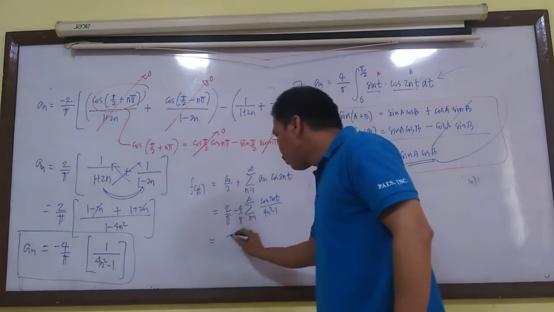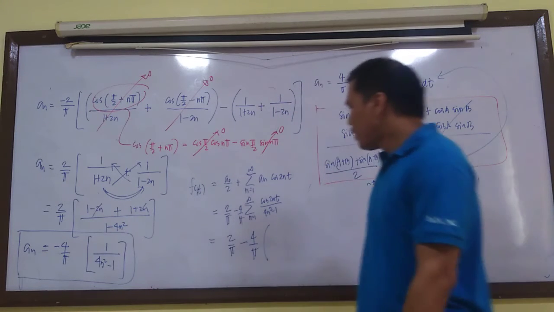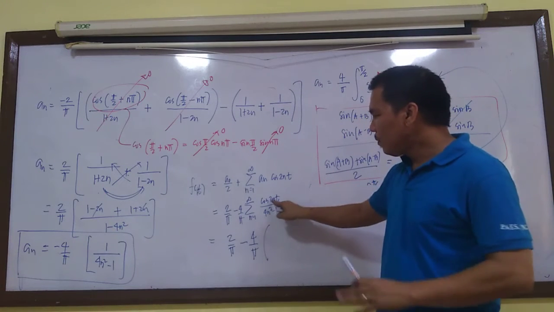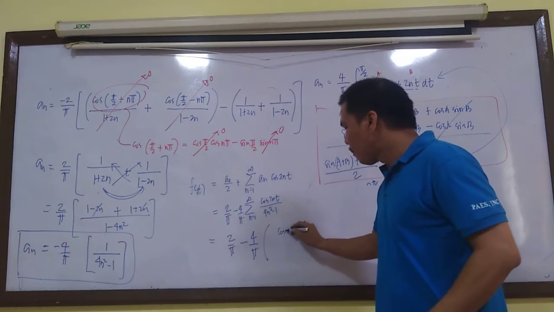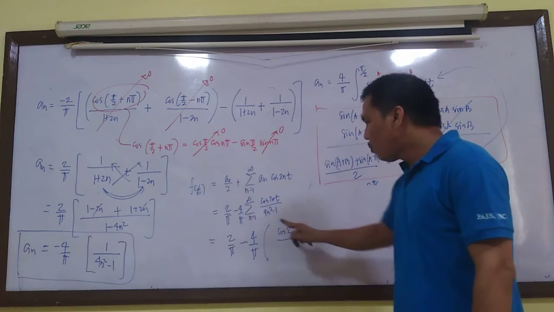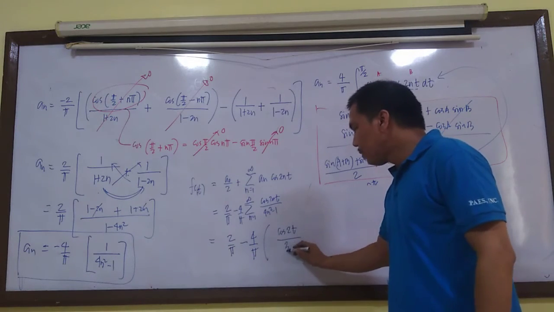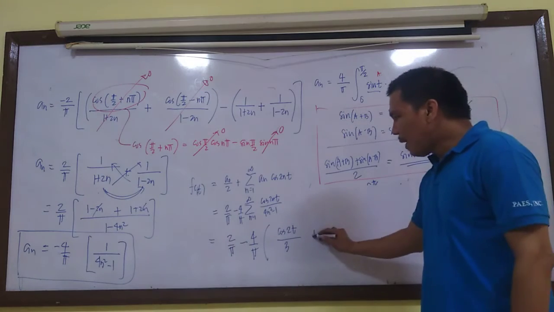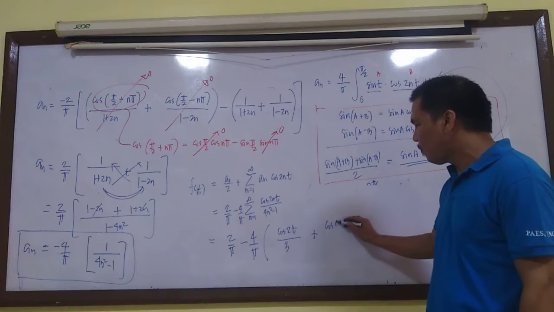Okay, this is now 2 over pi minus 4 over pi. When n is equal to 1, this will become cosine 2t all over, when n equals 1, this will become 3. That's 4 minus 1. Plus, when n is equal to 2, this will become cosine of 4t.